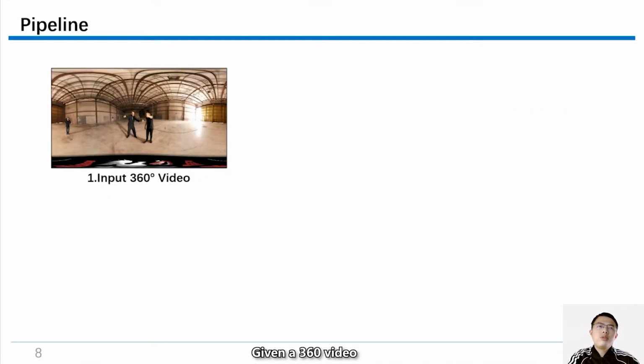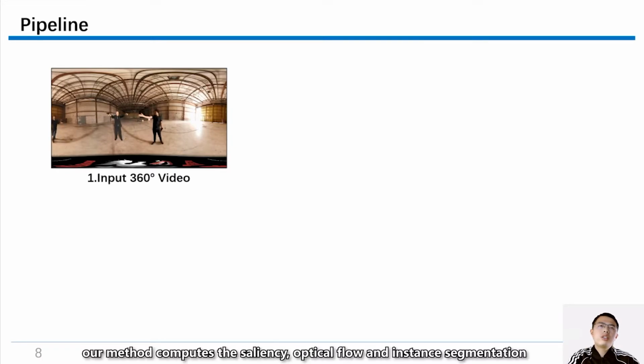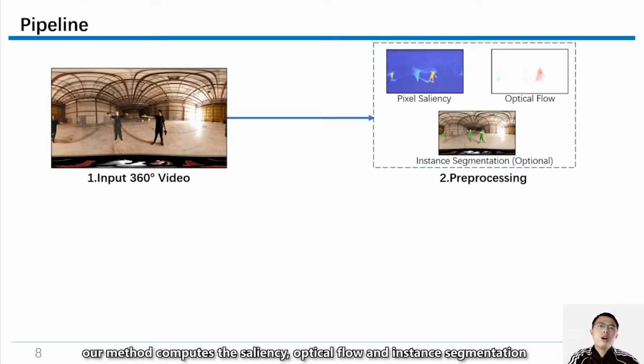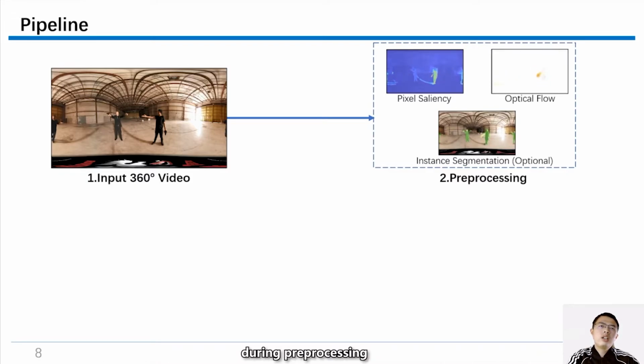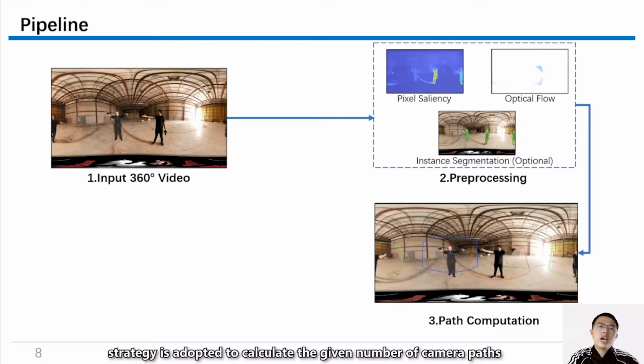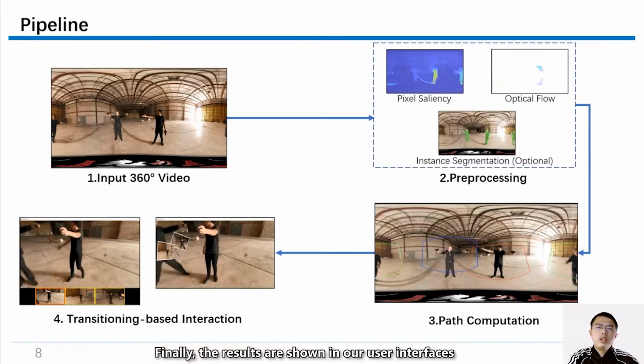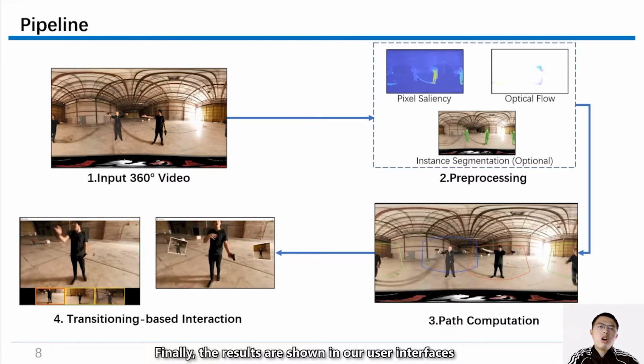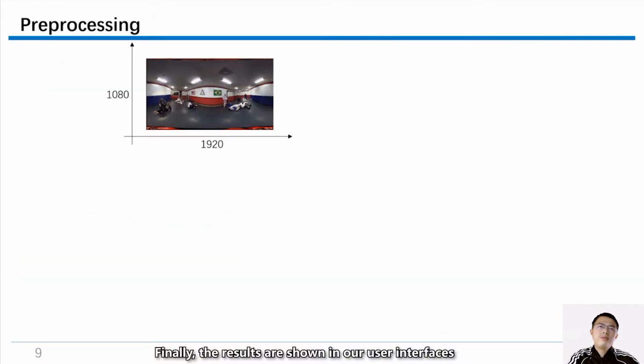Given a 360 video, our method computes the saliency, optical flow, and instance segmentation during preprocessing. Then a dynamic programming-based optimization algorithm with a coarse-to-fine strategy is adopted to calculate the given number of camera passes. Finally, the results are shown in our user interfaces.